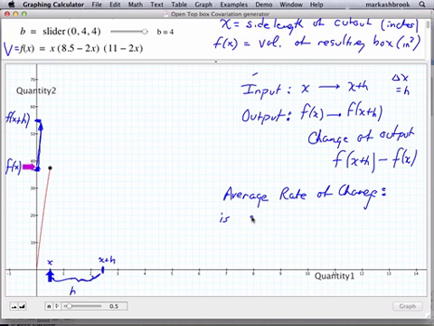So it was the constant speed to get the same distance in the same time. It's the exact same principle here. Average rate of change is the constant rate of change to get the same change in output for the same change in input.